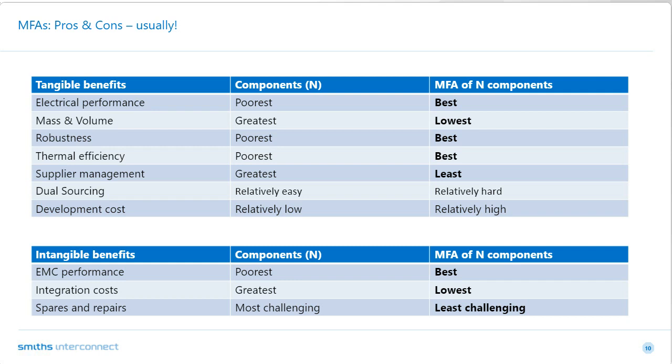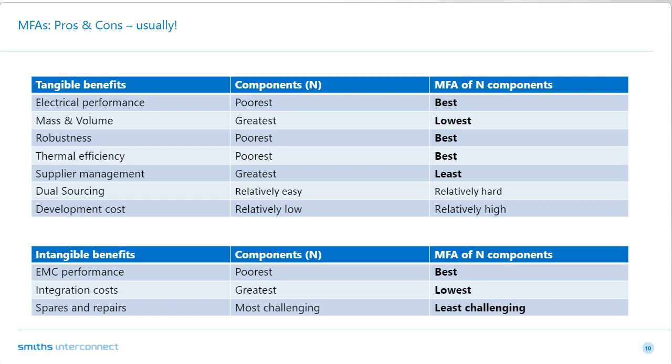Supplier management. It's easy for components. Supplier management with an MFA, as we said, requires your end user to be 100% in the loop as it relates to not only the specification but the schematics and the layout. It is much more management required.